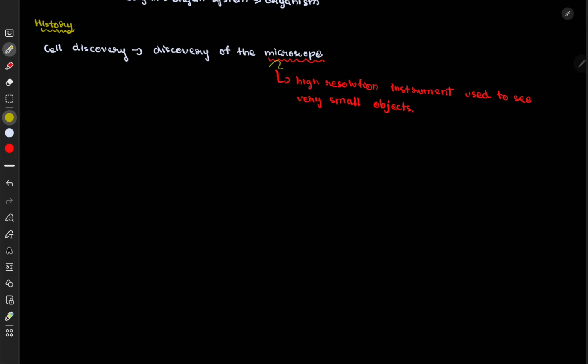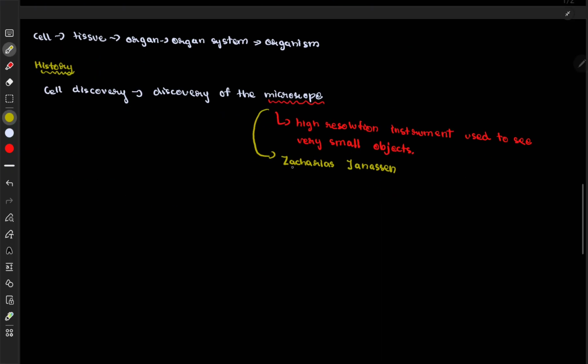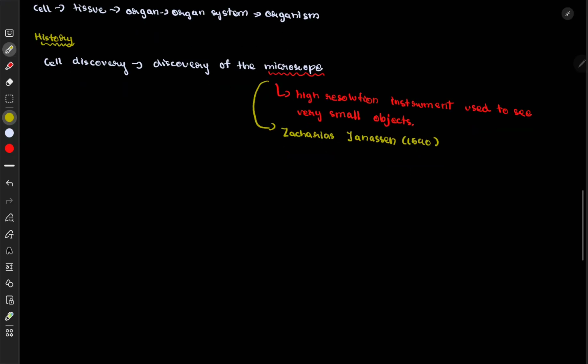Now, first let us learn about who invented the microscope. A person named Zacharias Janssen invented the microscope in the year 1590. Just like the Right to Information Act or whatever acts you learn in SST, they will be revised.